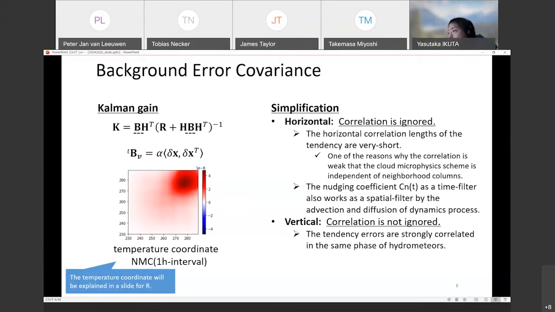However, the nudging coefficient as a time filter also works as a spatial filter due to the advection and diffusion of dynamics. The error correlation in the vertical direction is not ignored because the tendency errors are strongly correlated in the same phase of hydrometeors. So we estimated the background error covariance in the vertical correlation only.